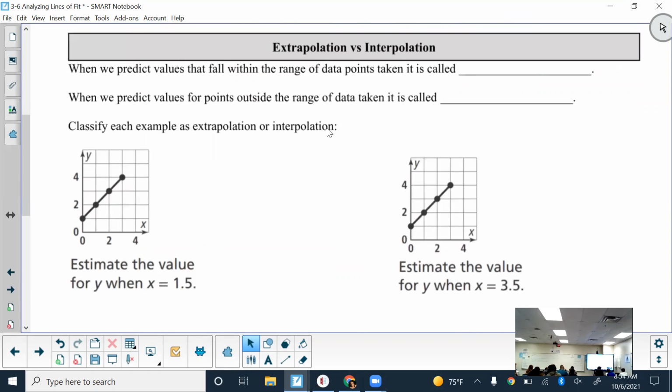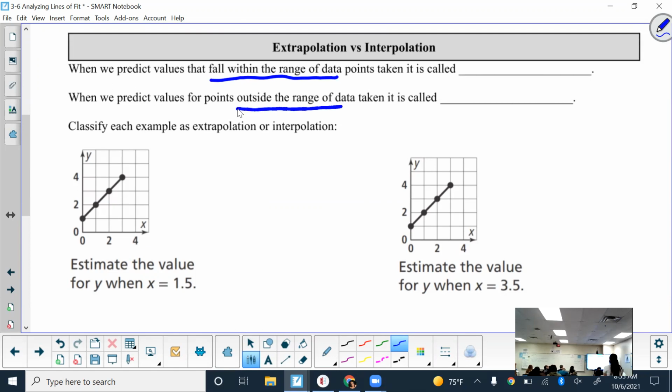All right, so now look at this part on your note sheet. On your residuals note sheet, look at extrapolation versus interpolation. That just tells us if the data points that we're predicting fall within the range of data or outside the range of data. So if it falls within the range of data, that's interpolation.